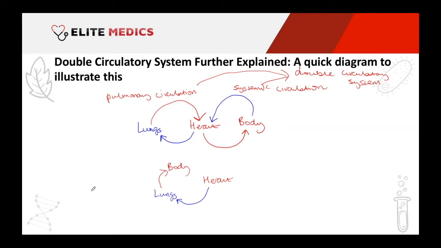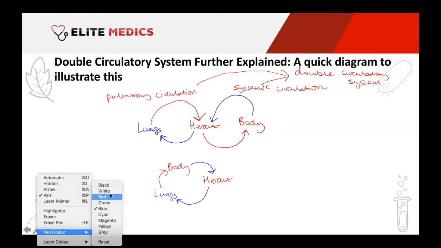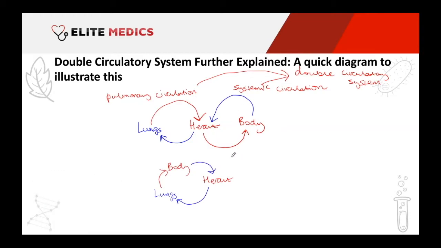This is an example of a single circulatory system, because blood doesn't go through the heart twice.